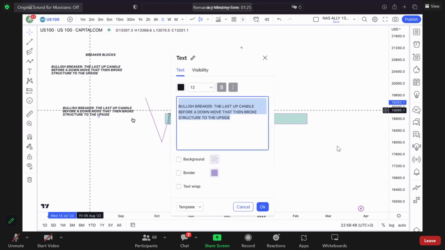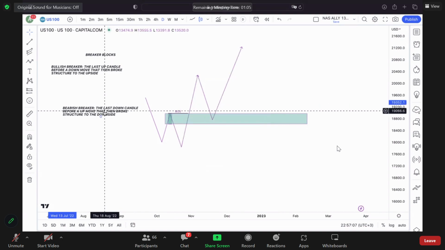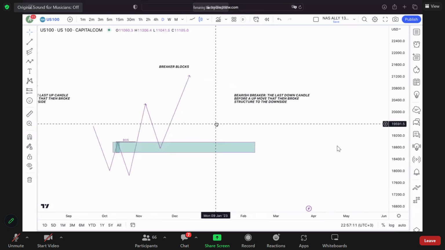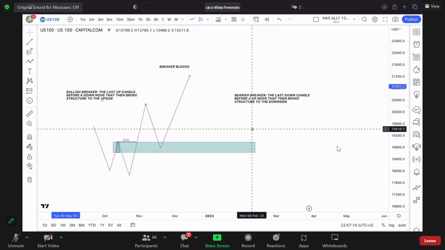When it comes to a bearish one, it's going to be the last down candle before an up move that then broke structure to the downside. Let's do it like this.